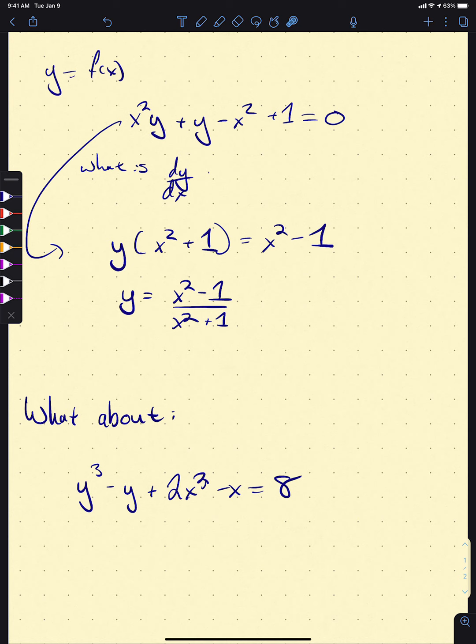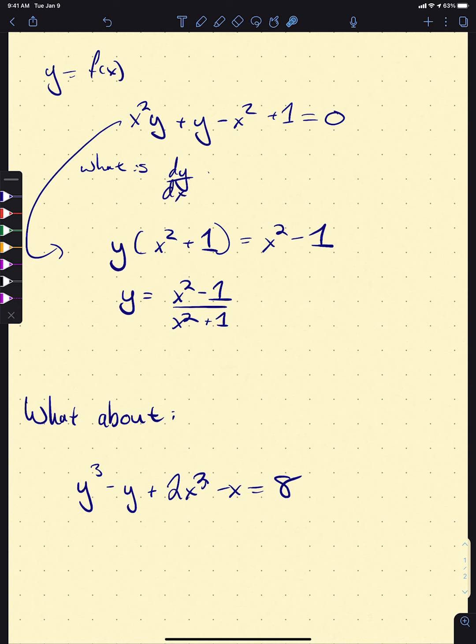But in practice, that would be very, very difficult. This is what's called an implicit relationship, an implicit expression, as opposed to something like this, which is an explicit function. You're telling me exactly what y is in terms of x, and here you're saying values of x and y solve this equation, okay? But we can use a tool called implicit differentiation in order to calculate something like dy dx for this guy.